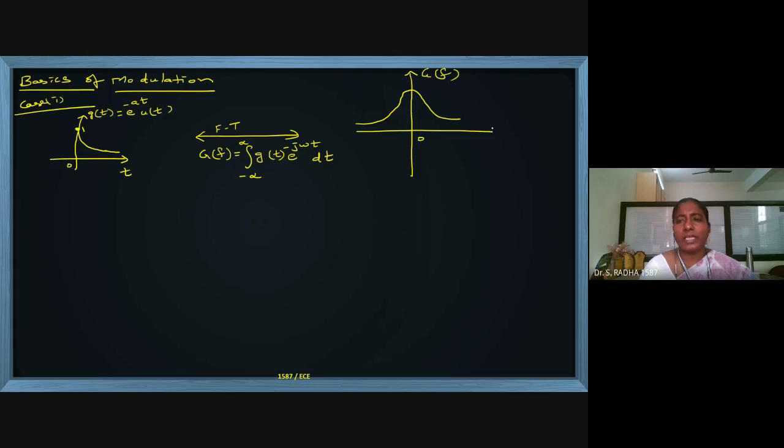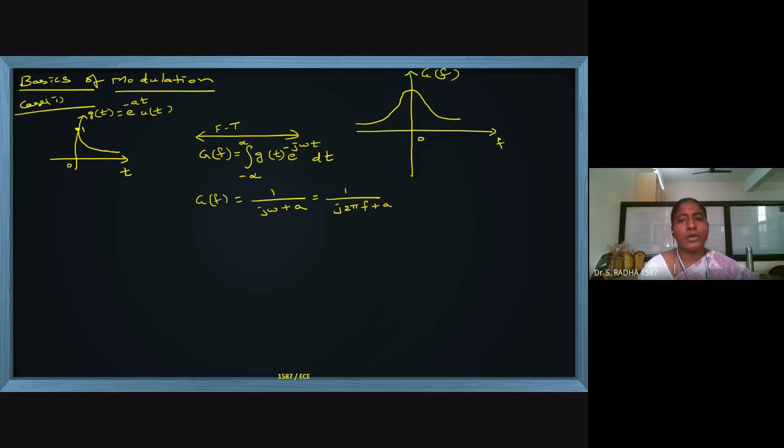How to get this diagram? First of all, you calculate the RHS, and it will be 1 by j omega plus a, where omega is nothing but 2 pi f.